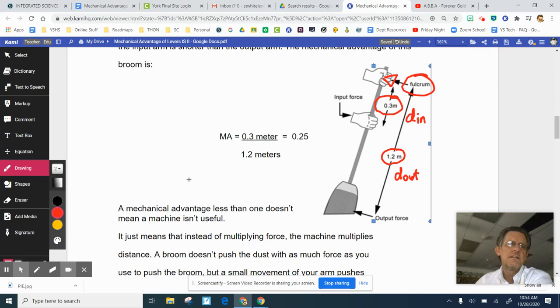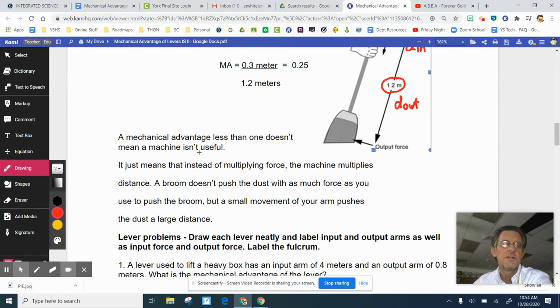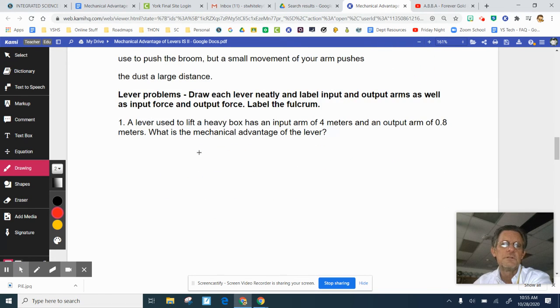That is okay. Sometimes that's desirable. It means that the machine multiplies the distance. Of course, that's why you would use a broom. That's why you can sling a ball as fast as you can and as hard as you can with a lacrosse stick. The reason you can hit a tennis ball or hit a baseball or hit a golf ball as far as you can. So let's go ahead and try this very first problem.